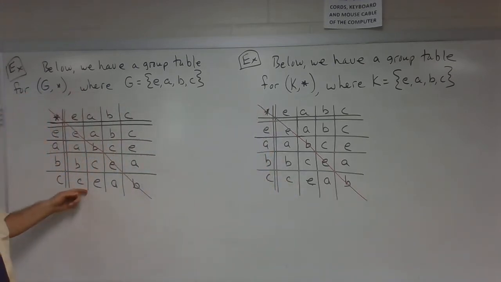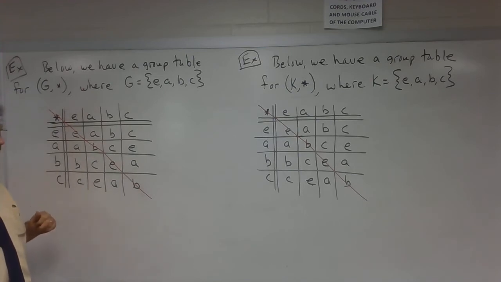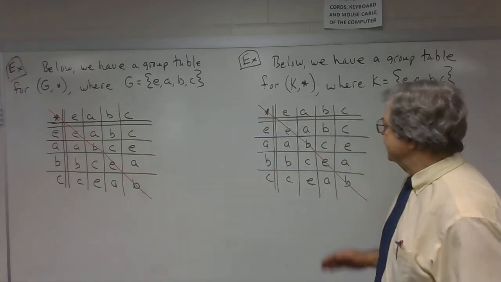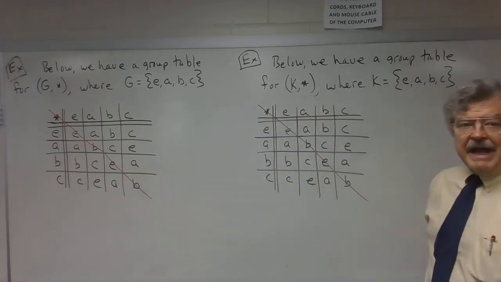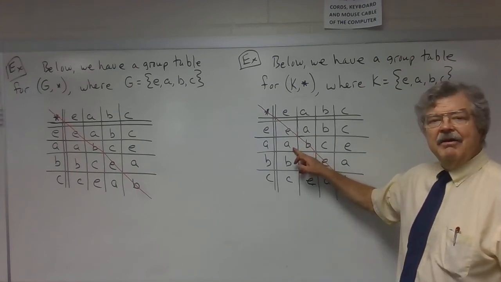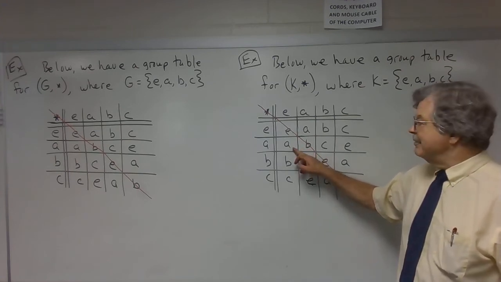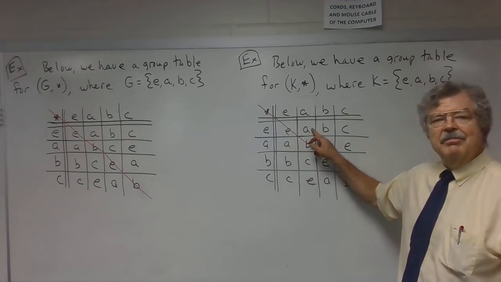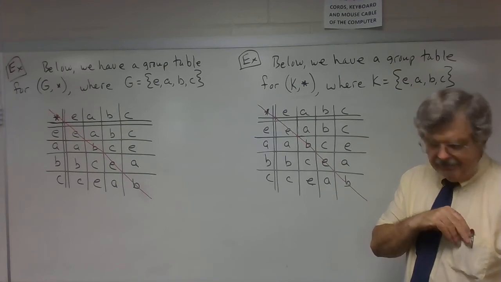And we might notice something in both tables, namely that each table is symmetric about the main diagonal. The elements below the main diagonal are the mirror image of the elements in the corresponding position above the main diagonal.